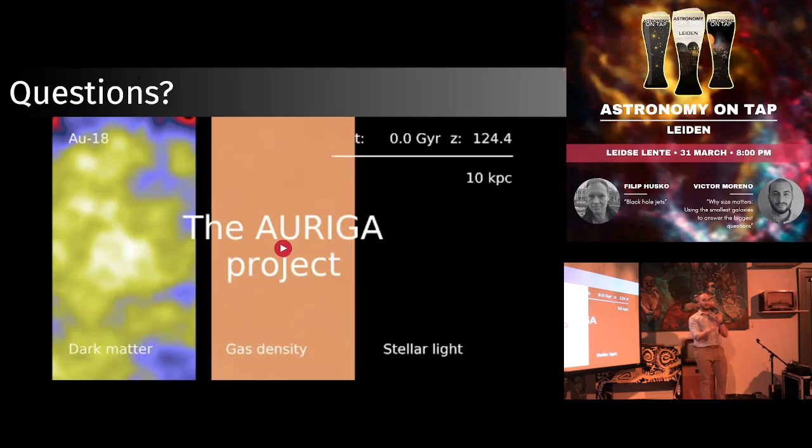I think you mentioned something about the starting point and the ingredients being relevant in the simulations. With the data that they're getting from the James Webb, did you expect any changes in what you put into your simulations? Yeah, so the question was whether we would expect any changes in our models based on data from the James Webb Telescope. And the answer is, at least from my understanding, I don't do really early universe science of galaxies.